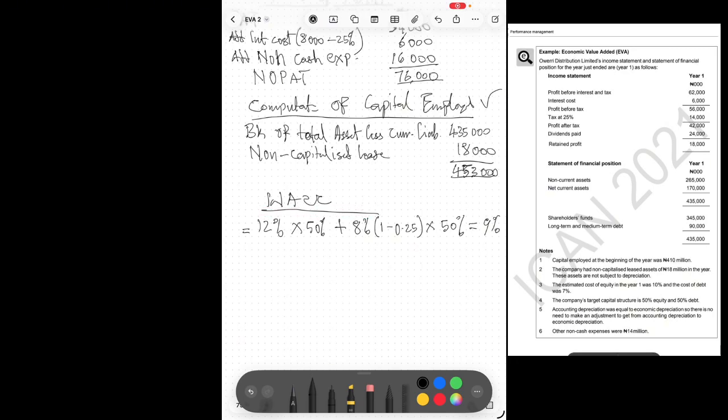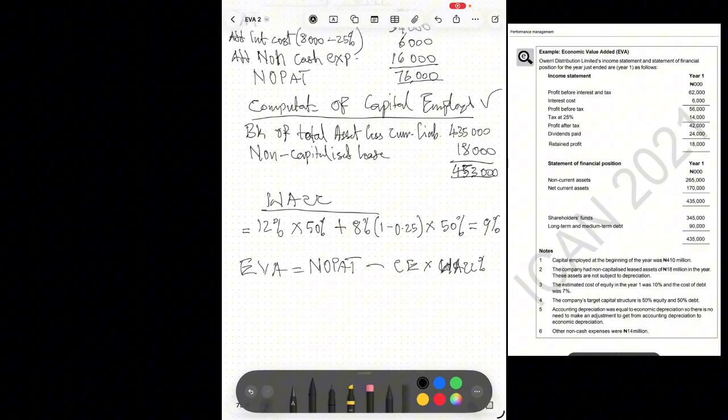So we are done. You can now apply economic value added, which, like we said, is your net operating profit after tax minus capital employed multiplied by the weighted average cost of capital.